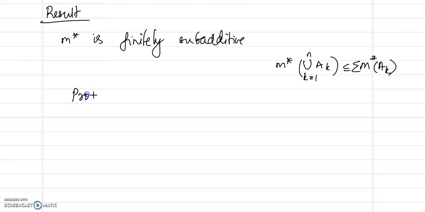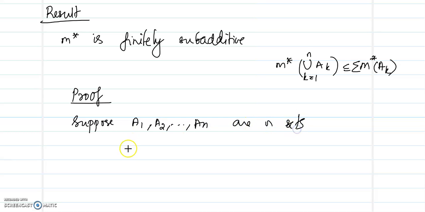Again, the proof of finite subadditivity is by using the countable subadditive property of n star. Let us consider a finite number of sets, say A1, A2, ..., An are n sets. Now define Ak to be equal to the empty set when k is greater than n.